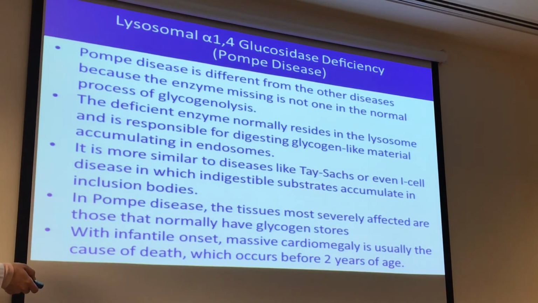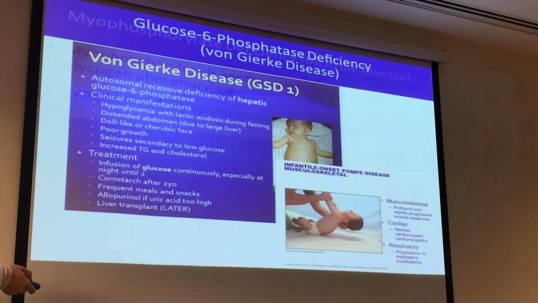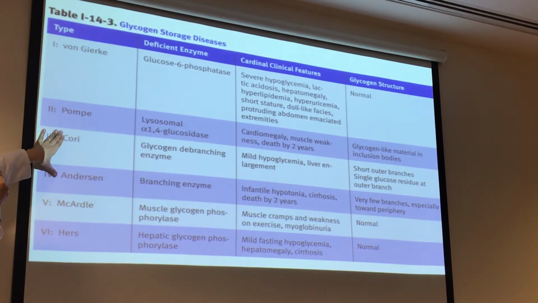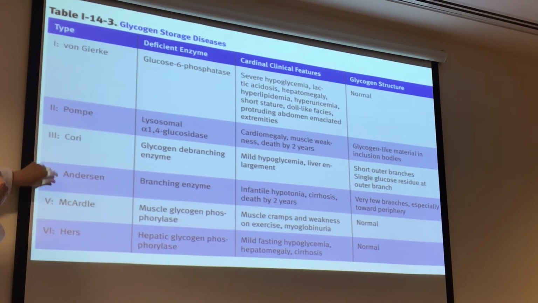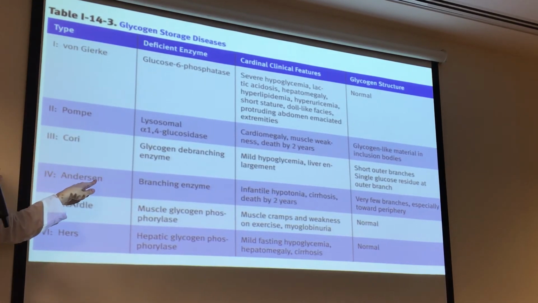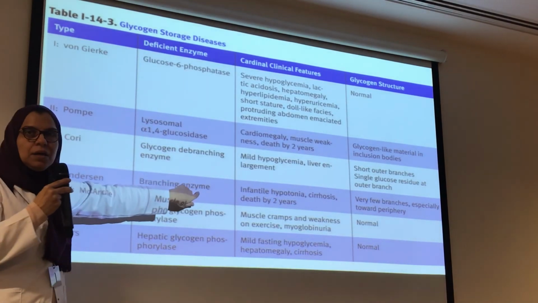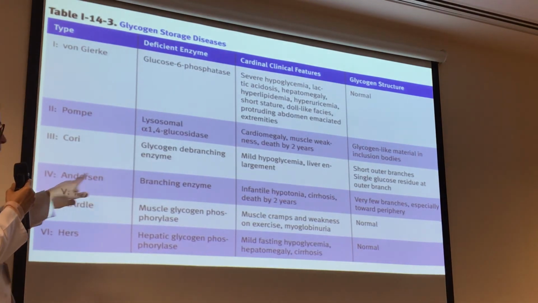Okay, so this is Pompe disease. Now we have the other 4. Okay, how are we going to remember them? Remember them in couples. So we have these 2 diseases. So we have Anderson, caused by a deficiency in the branching. So let's remember A, B.